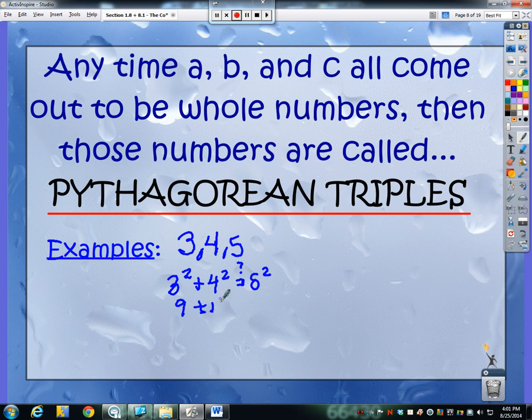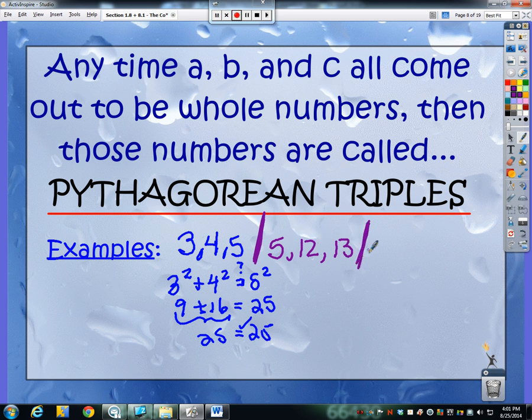Well, we get 9, and we get 16, and 5 squared is 25. 9 plus 16 does, in fact, make 25, and so 25 equals 25. That works out. You don't have to write that out, but that's just checking to make sure that, yes, it does work. Now, 5, 12, 13 also works out. 5 squared plus 12 squared does, in fact, equal 13 squared.